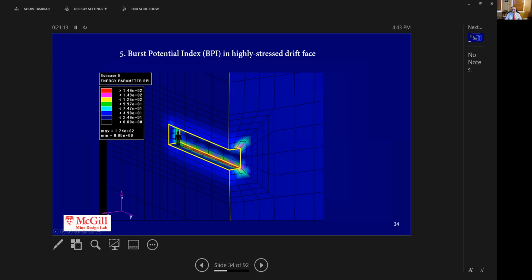And that's a simple application here of a deep drift. I'm going to present this later on as a case study. The BPI is 149%, suggesting the need for destressing around the corners and on the edges of the drift.